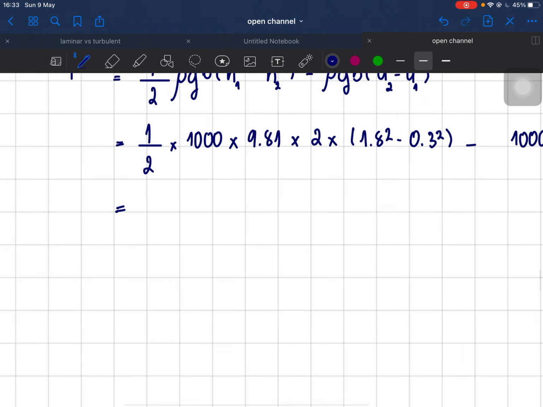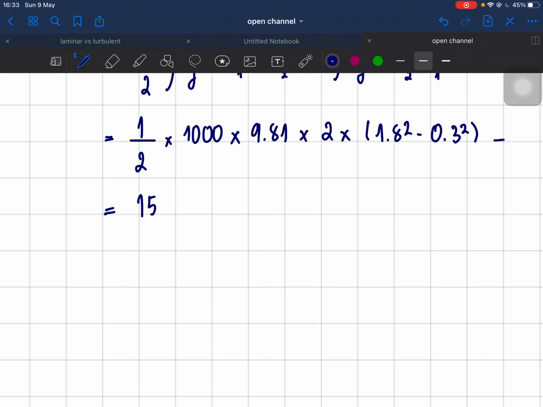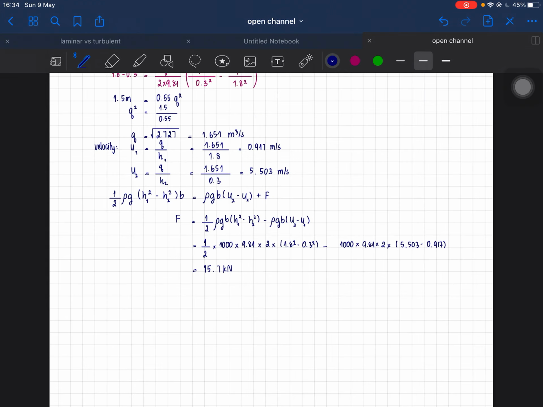Okay, so the answer is 157. No. 15.7 kilo Newton. 1, 2, 3, 4. Yes.